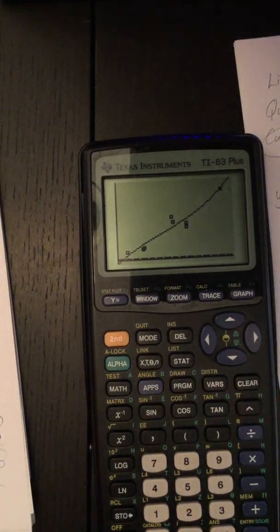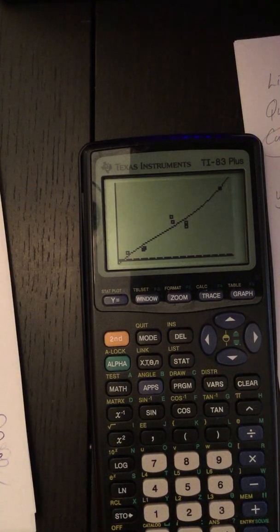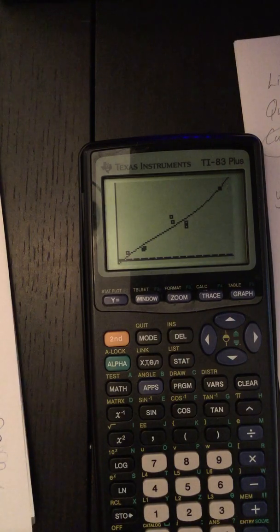Okay? So from that, we can then answer questions. It says, use your equation to compare the stopping distance at 30 kilometers per hour with the stopping distance at 50 kilometers per hour to the nearest tenth of a meter. So looking at our graph, our speed is 30 kilometers per hour.